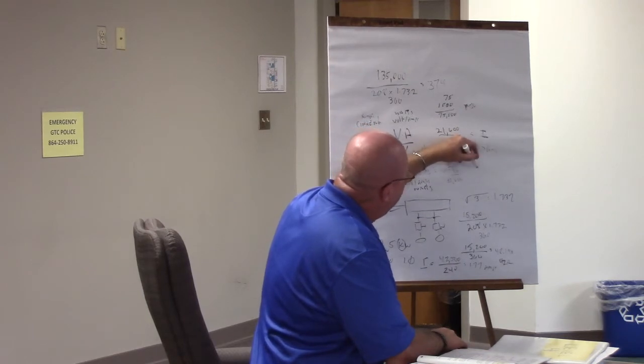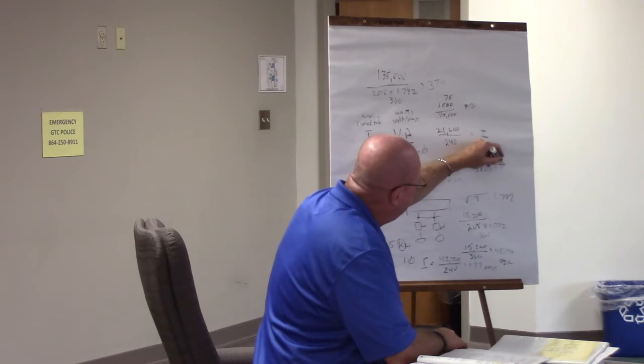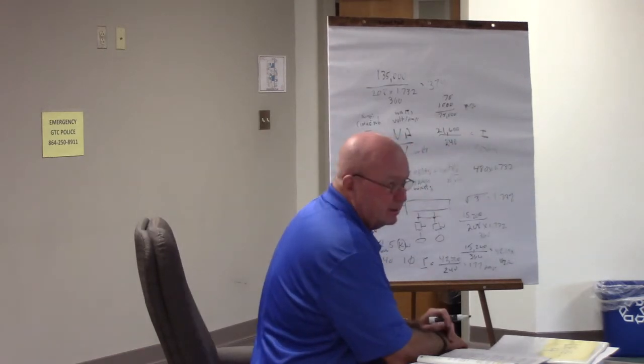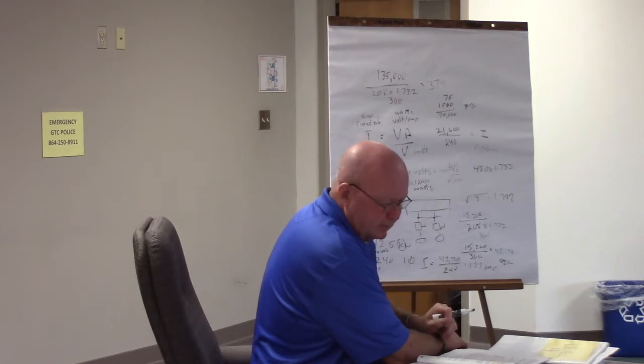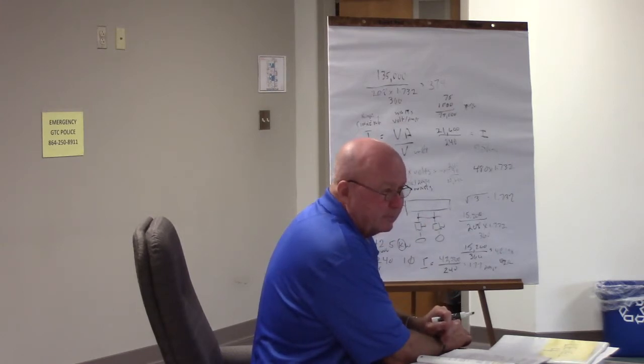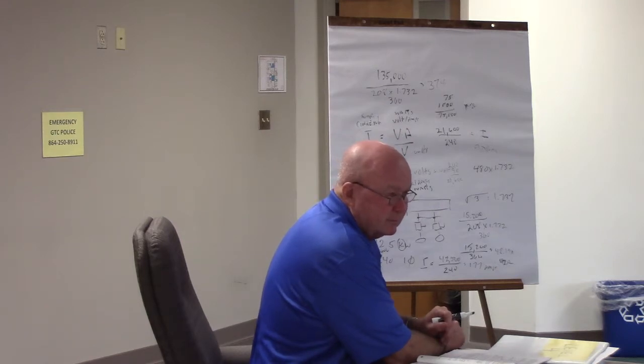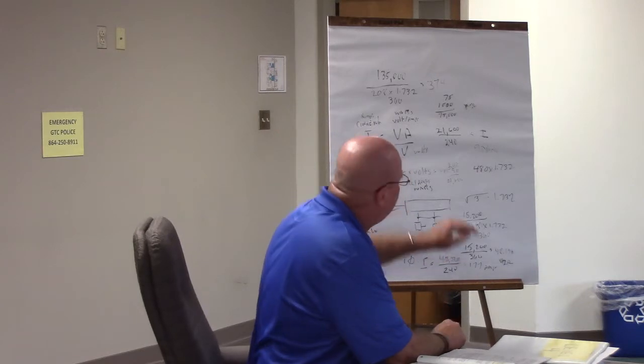Let's do it here first. 480 times 1.732 is how much? Like 830, I can't remember. Is it 830? 831.